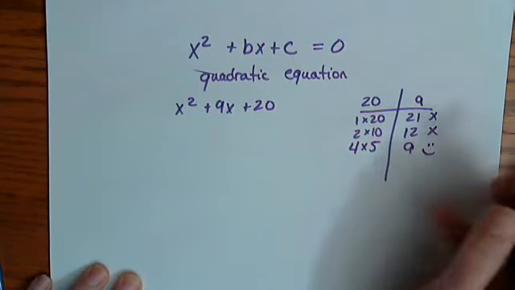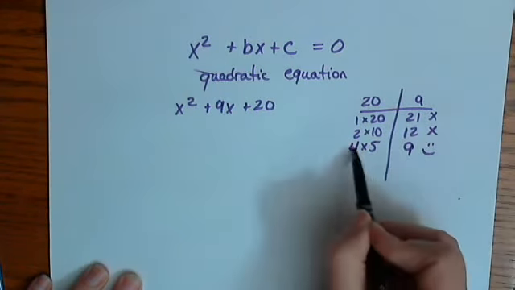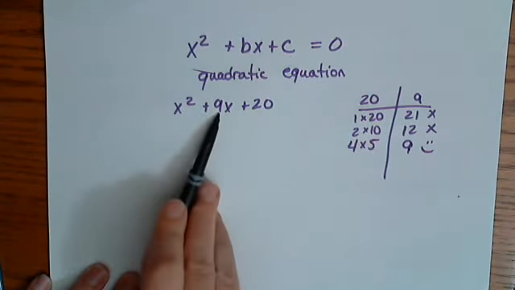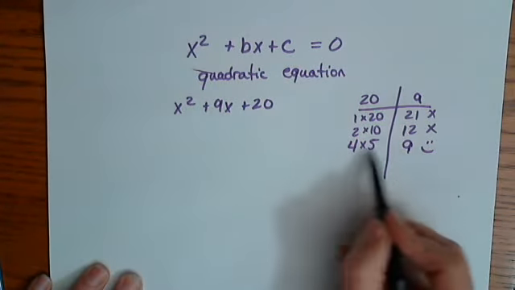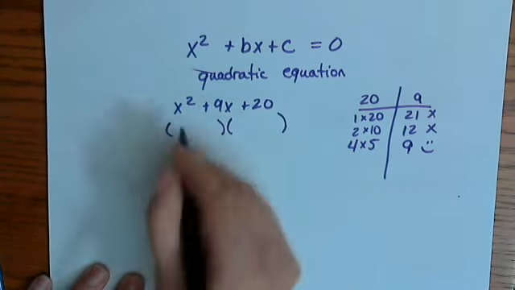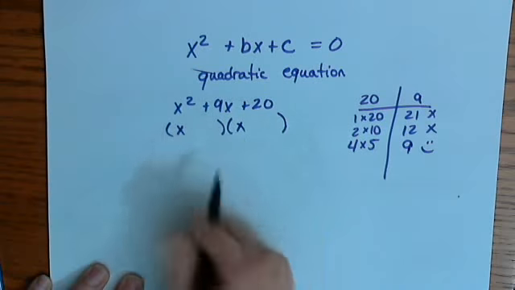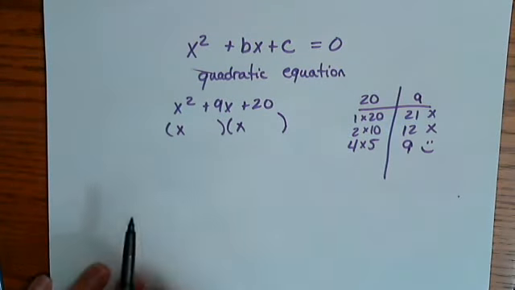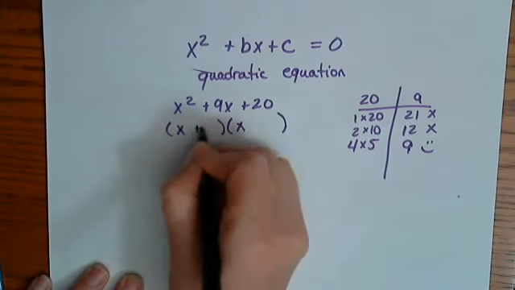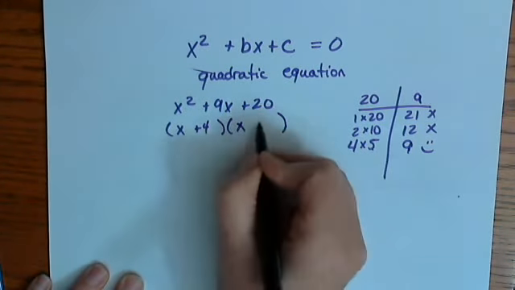So that's what I want, because I have two numbers that multiply to get 20 and add to get 9. And once I know what those two numbers are, then my factoring is really, really simple. All I have to do is write my two sets of parentheses with my x first, and then a plus 4 and a plus 5.